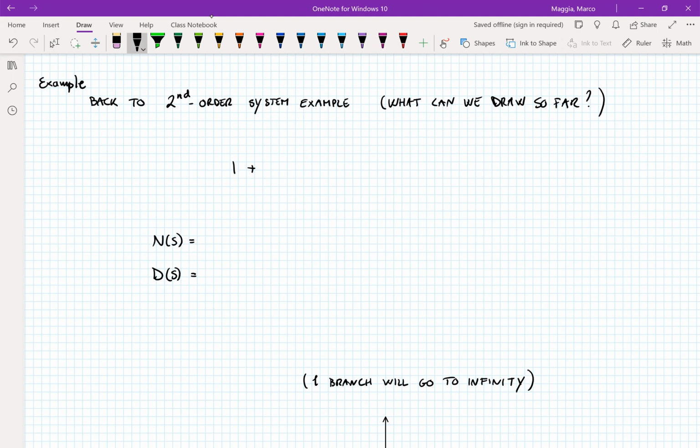So starting from the characteristic equation already written in the canonical form, we have 1 plus zeta times 2 omega n s over s squared plus omega n squared equals 0. So this is just what I've already written. N of s is 2 omega n times s, and d of s is s squared plus omega n squared.